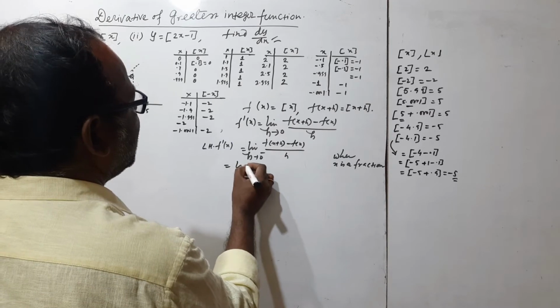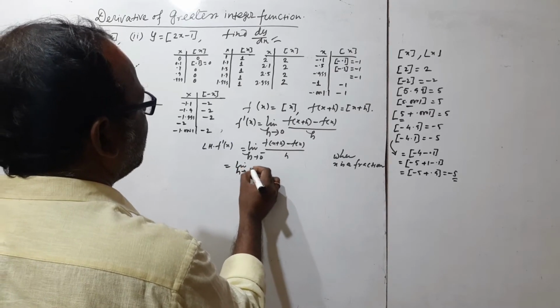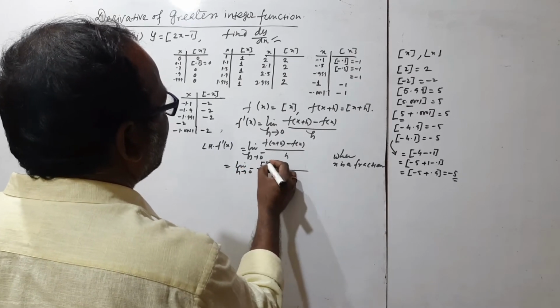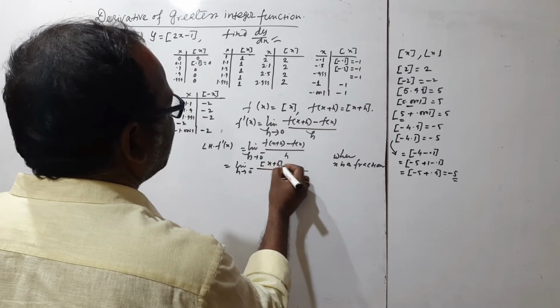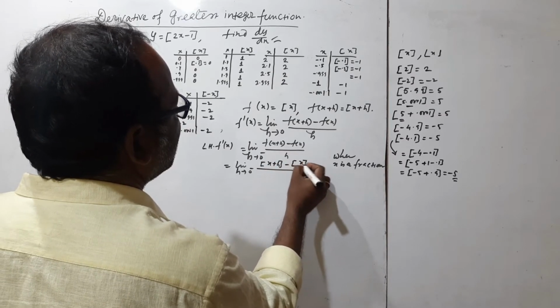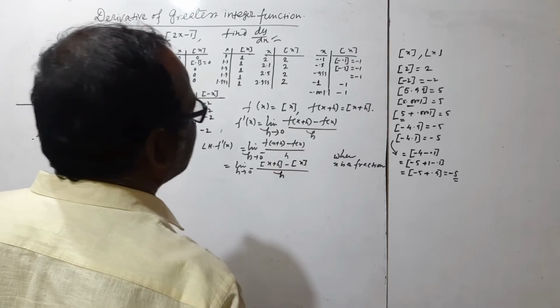You know, this is limit h tends to 0 minus of box of x plus h minus box x over h.